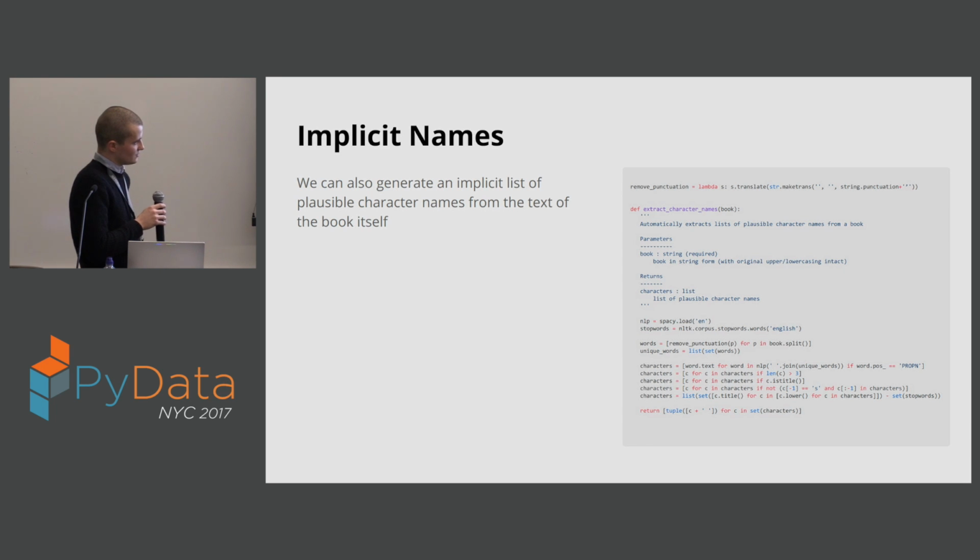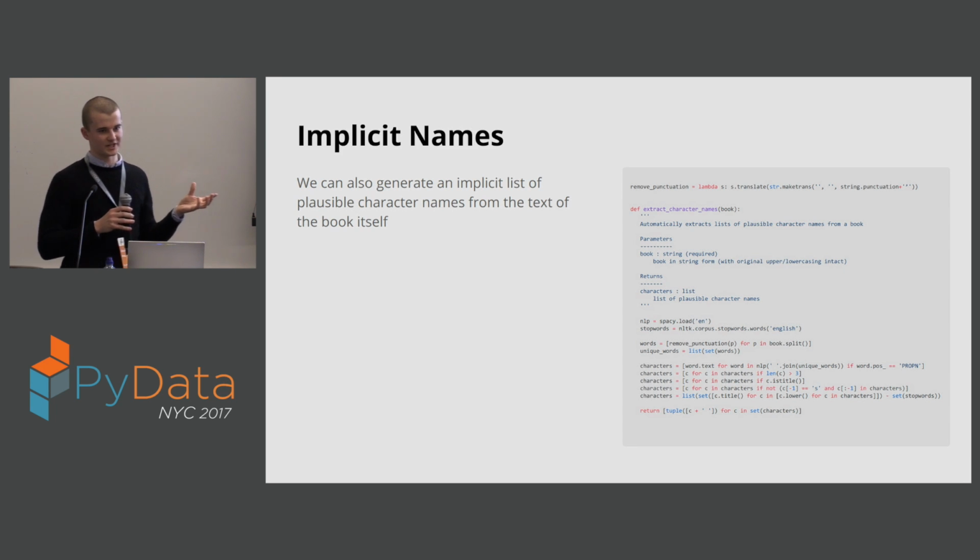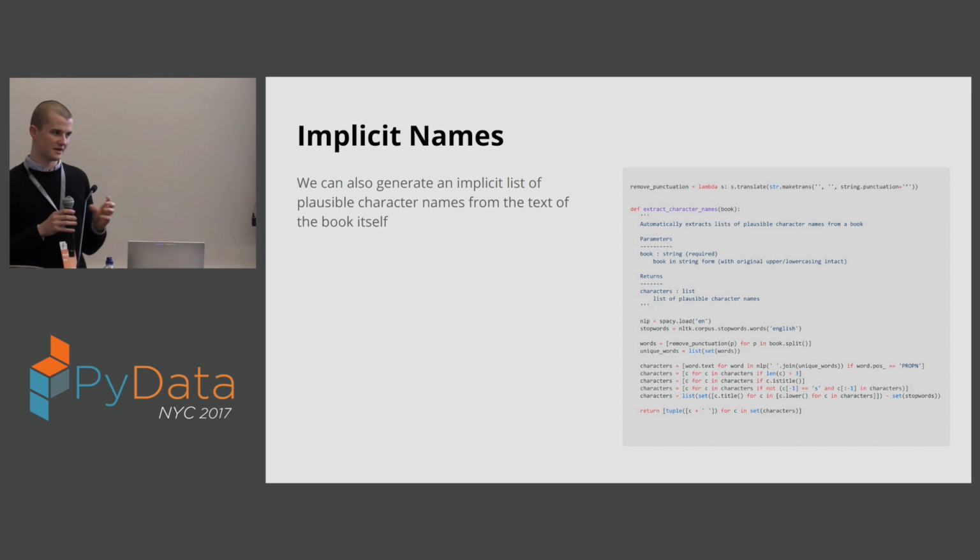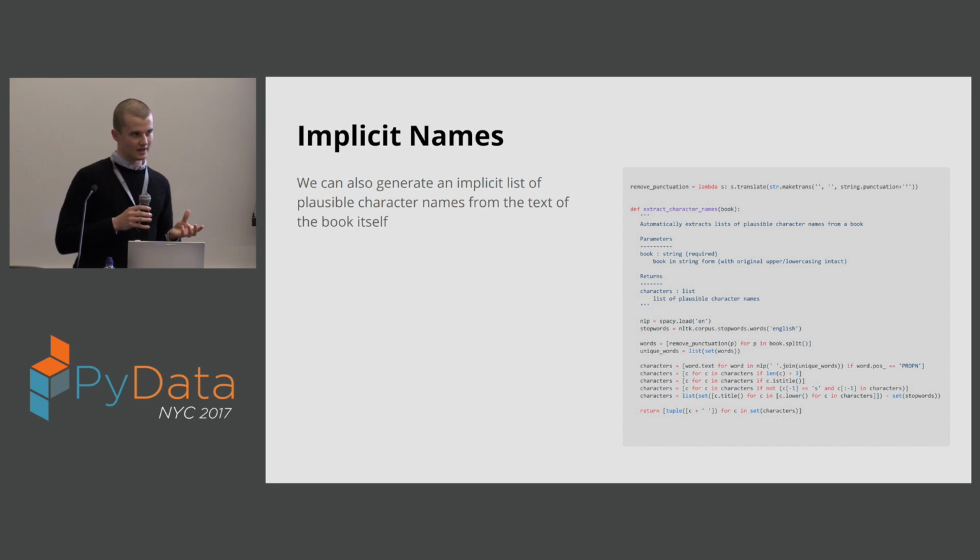I used a load of stuff from both spaCy and NLTK for this. But it's just a process that goes through every single word in the novel, works out whether it is a proper noun, whether it has a certain length, a load of very simple checks on each word to see whether they are a plausible character name, whether they look like something that might be a name.